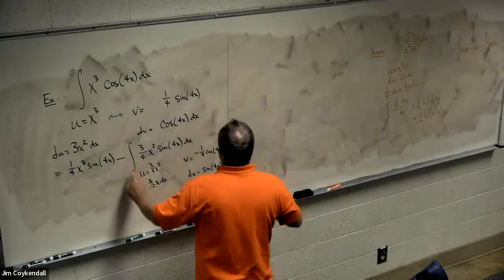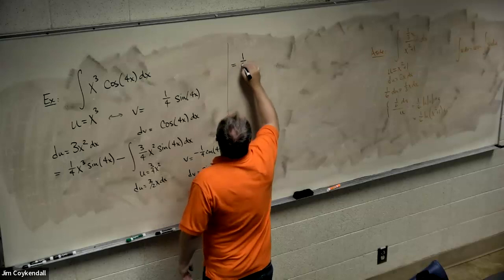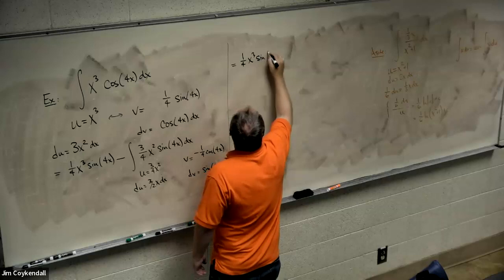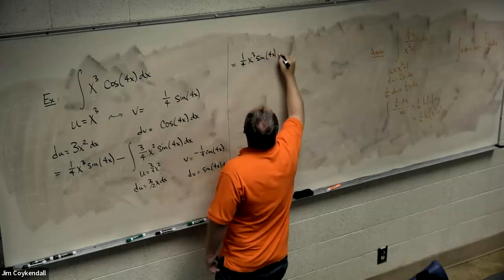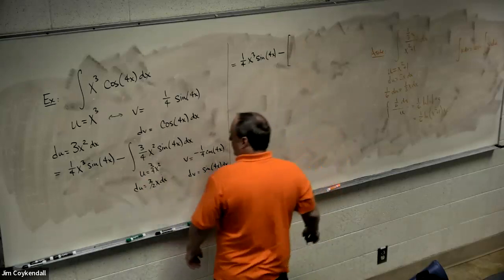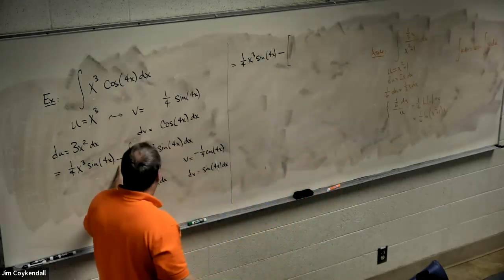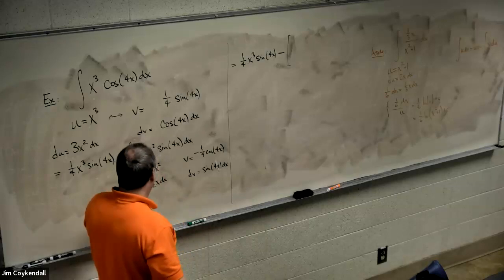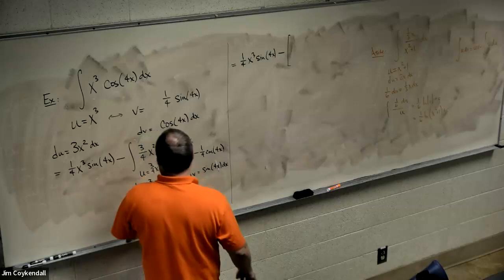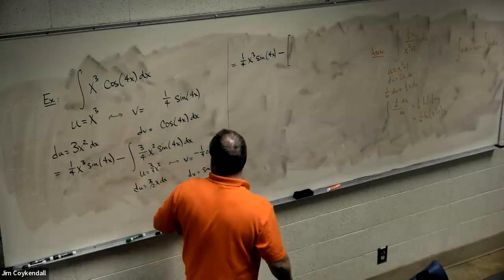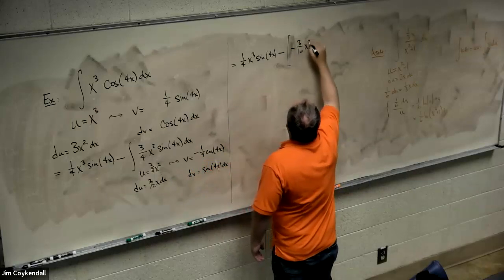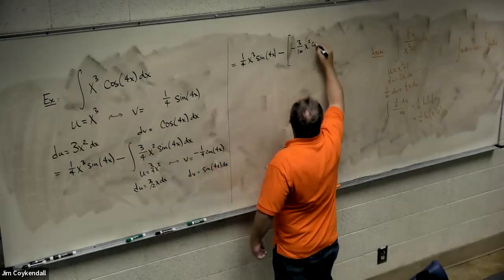Okay, let's see what we've got now. This is 1/4 x cubed sine 4x, minus this integral. And this integral is my new parts, right? So it's the product of these two, which is minus 3/16 x squared cosine 4x.